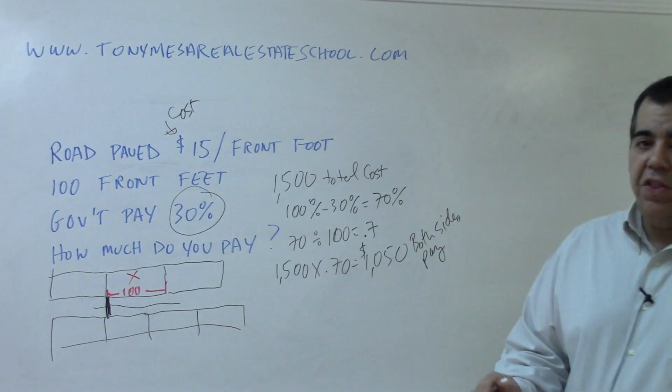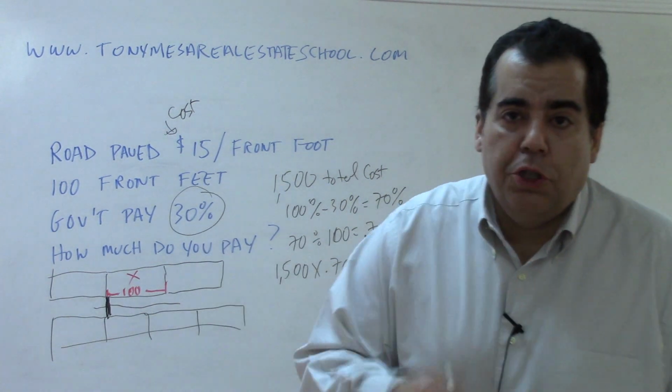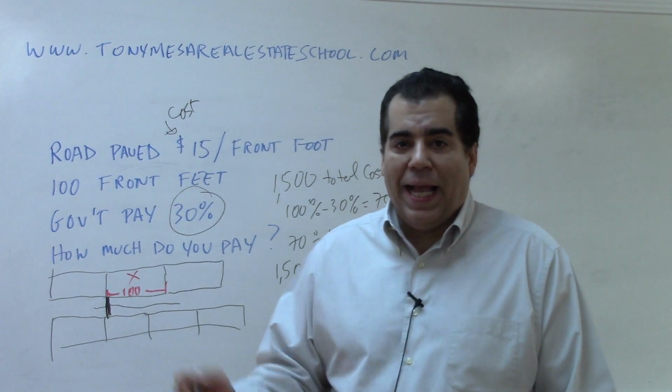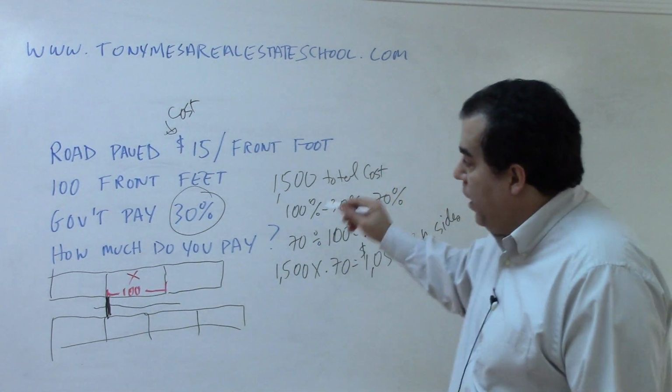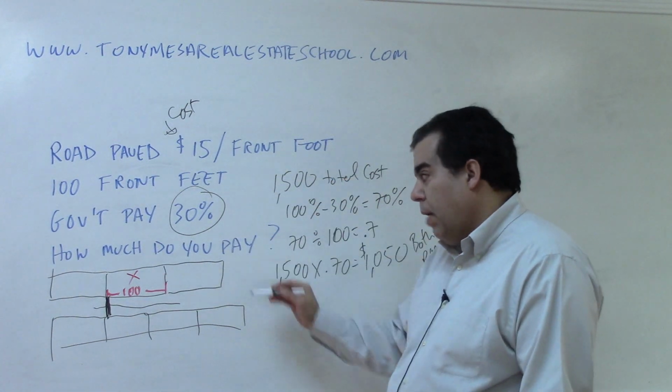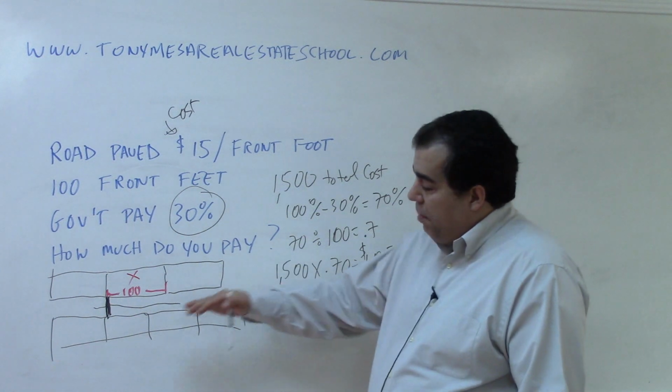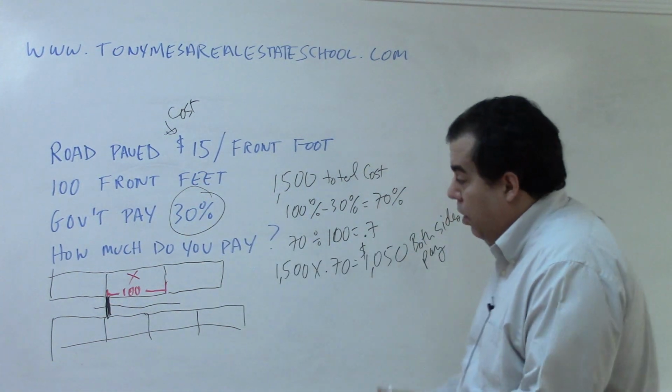This is one of the few things on the state exam that I want you to assume if they give you this problem. You don't want to assume things on the state exam. You don't want to add anything into the questions. But if they give you the math problem with how much do you pay, how much does one side pay, the way that they do this is they only make you pay for half, because you're going to have somebody across the street from you.